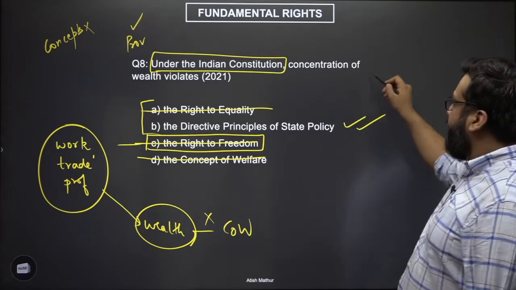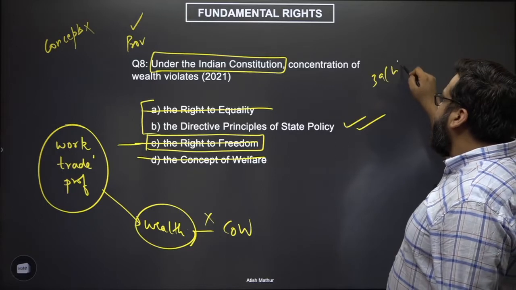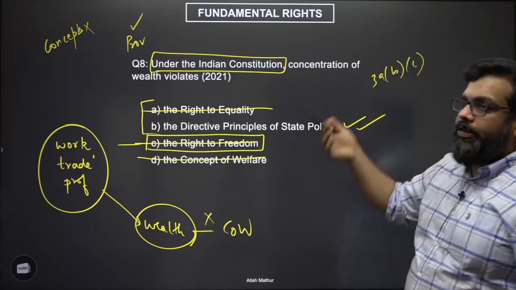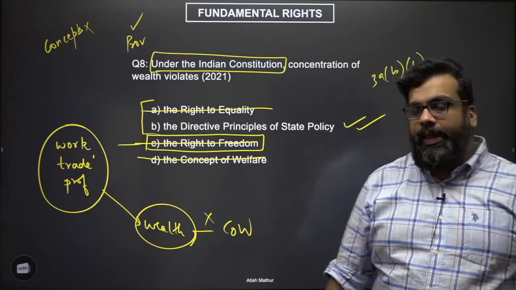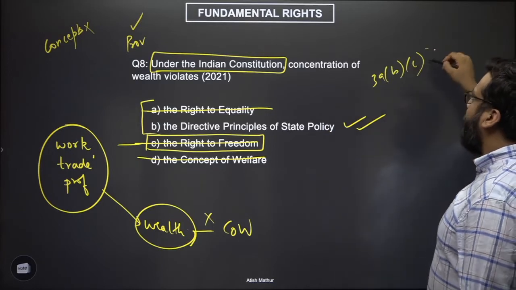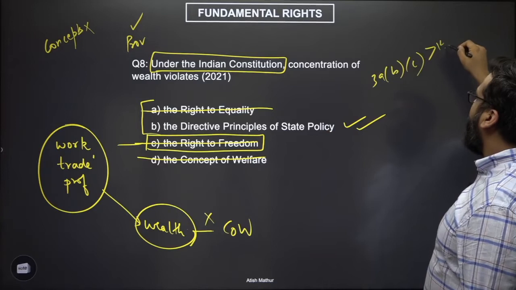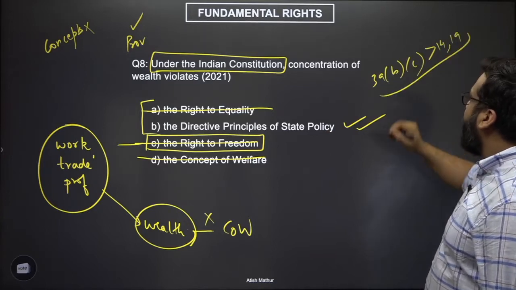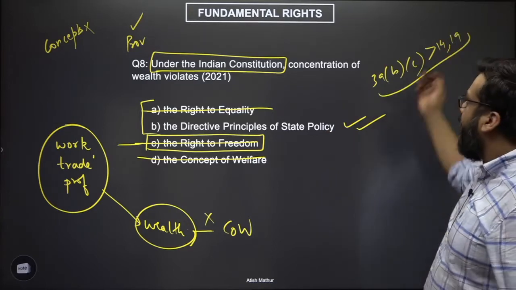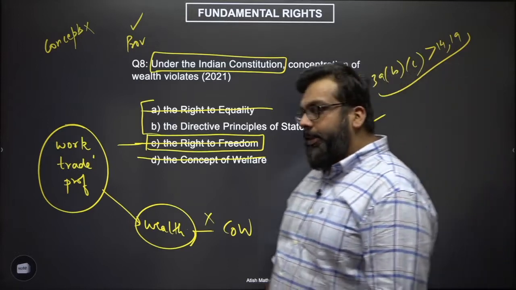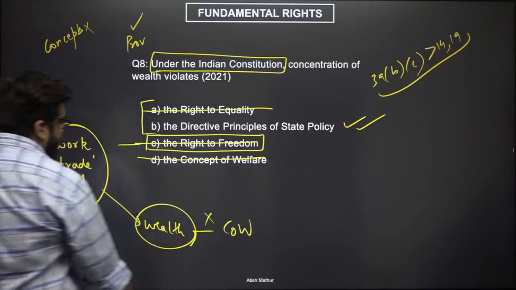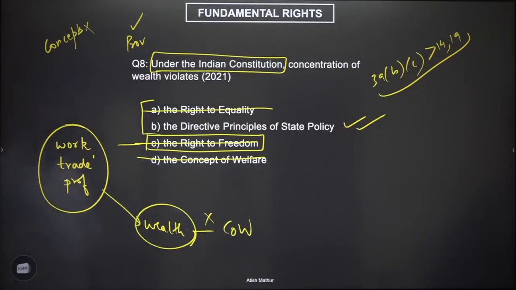In fact, 39B and C is often used in the context of a relationship with fundamental rights, that 39B and C are the only two directive principles which are superior to 14 or 19 as per the Minerva Mills judgment. So this is a question that can be solved. The answer is, of course, B.